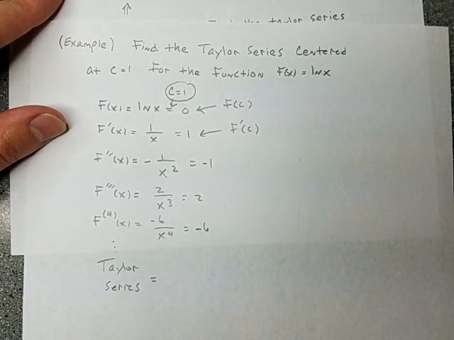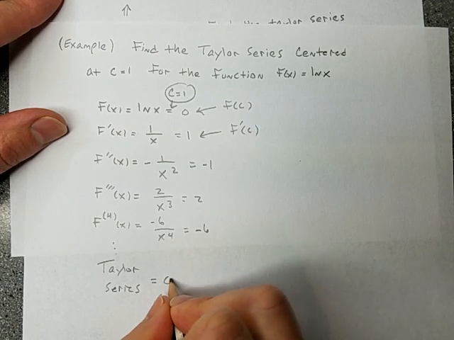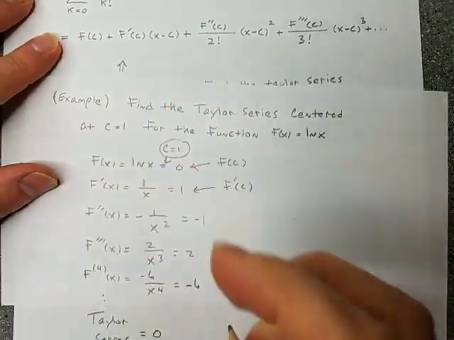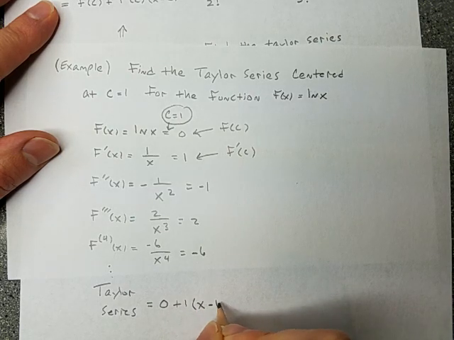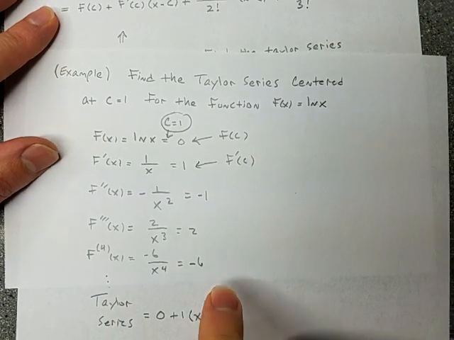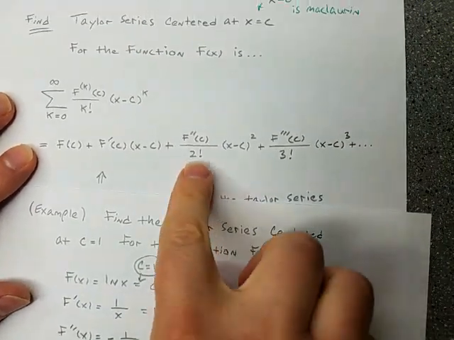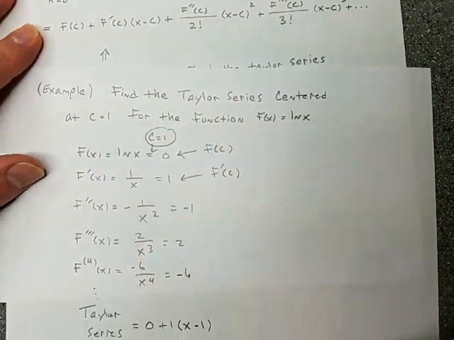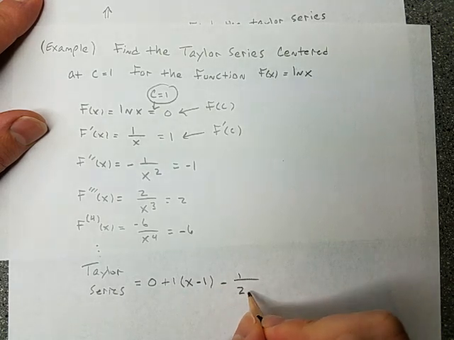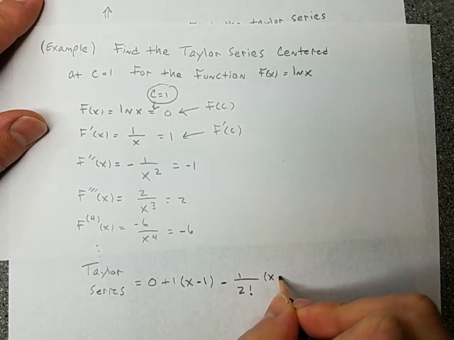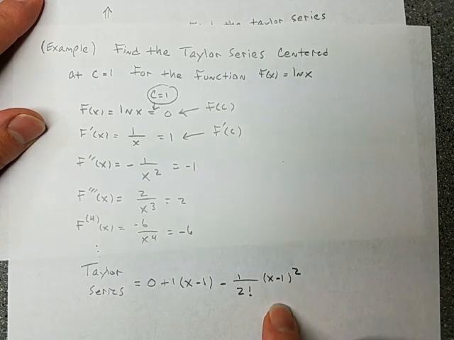Okay. It's going to be f of c, which is 0. Okay. F prime c, which is 1, times x minus c, which is also 1. f double prime c over 2 factorial. That's going to be minus 1 over 2 factorial. And then x minus c squared.